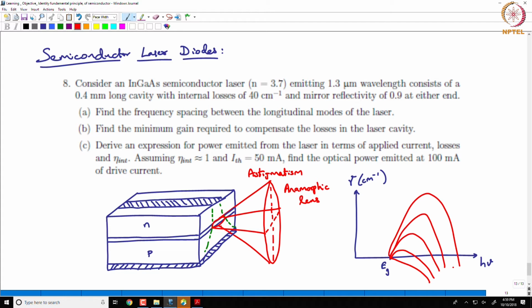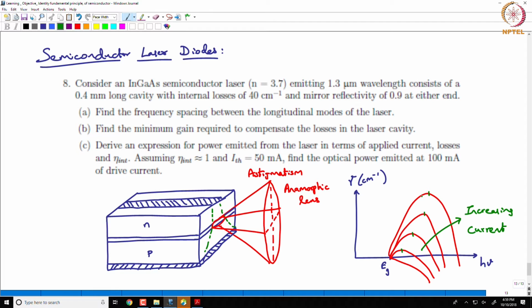This is as a function of increasing injected current, and what you see is that the peak gain value is increasing, and it is also shifting to higher frequency.